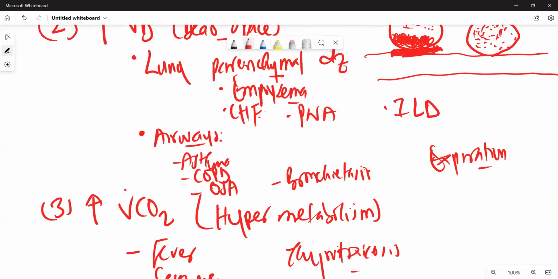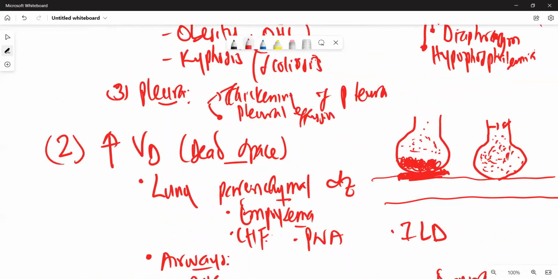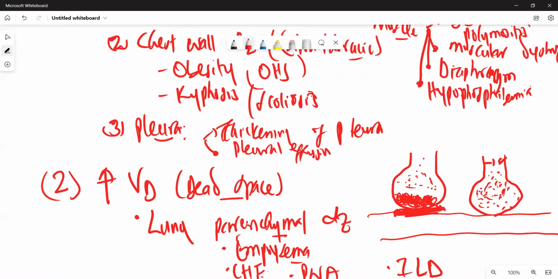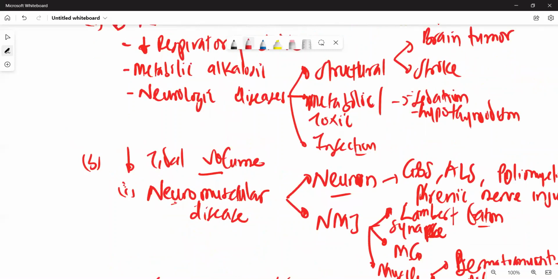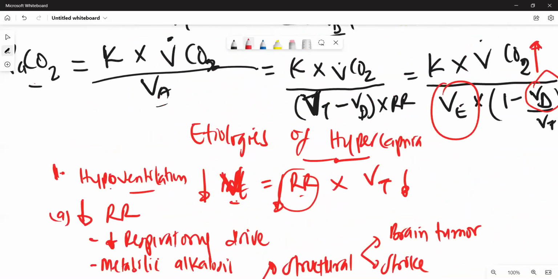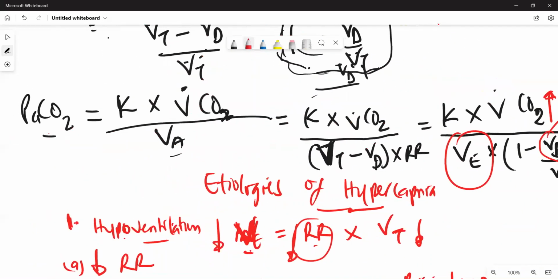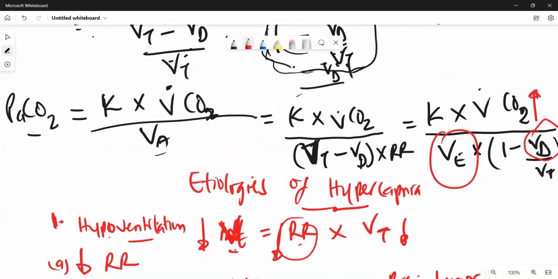So these are the major causes of hypercapnic respiratory failure. Like I mentioned, I always love to learn with a formula or a particular story, so in that way it's easier for me to remember and I don't forget, right?